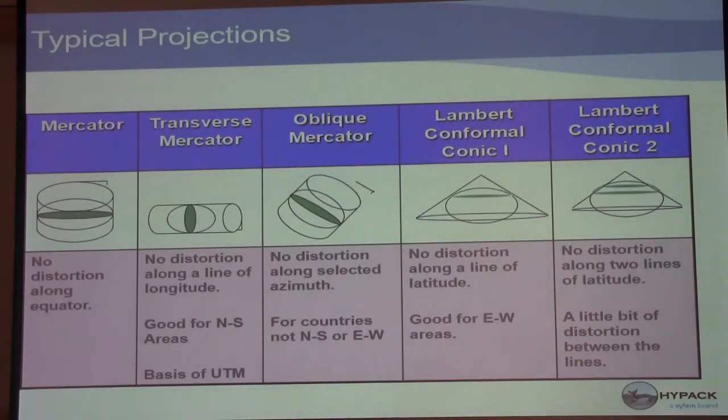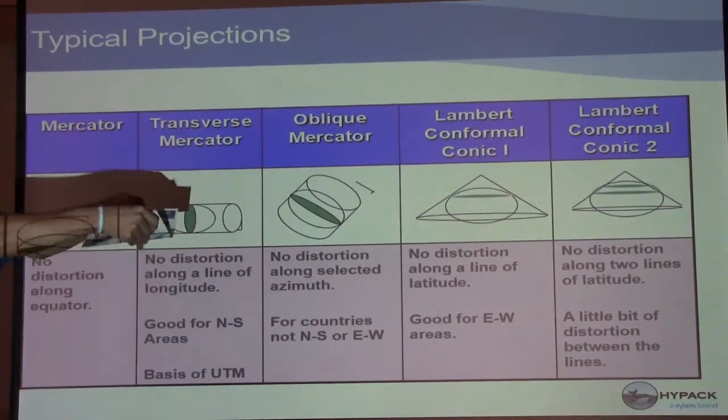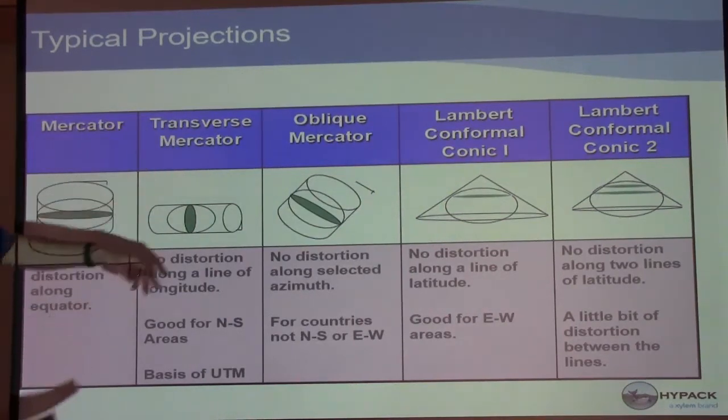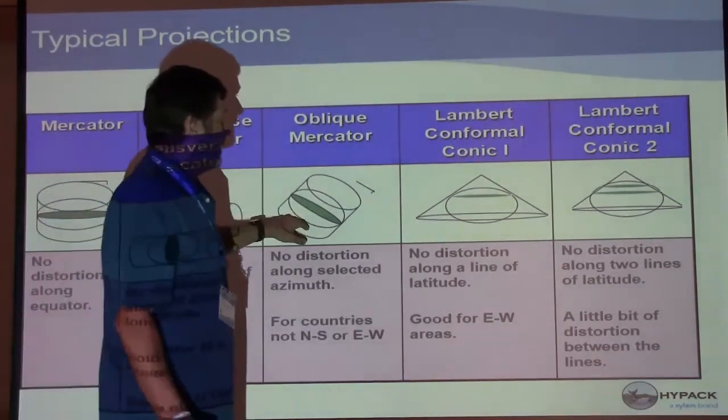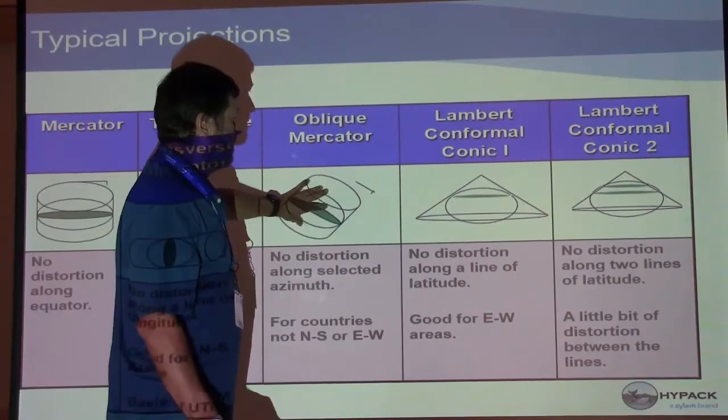And these are just some of the different types of projections. The Mercator, basically taking a piece of paper and wrapping it around a cylinder like that. The least amount of distortion is right along that middle part. Transverse Mercator just kind of rotates it this way instead of that way. Oblique Mercator, I believe you have some rotational transformation values.